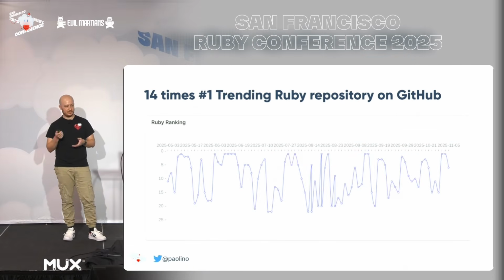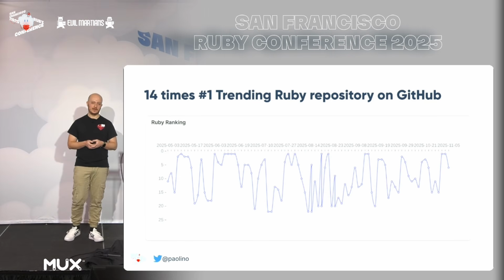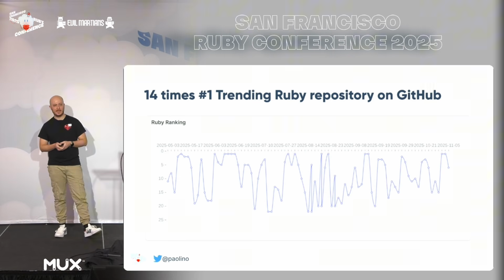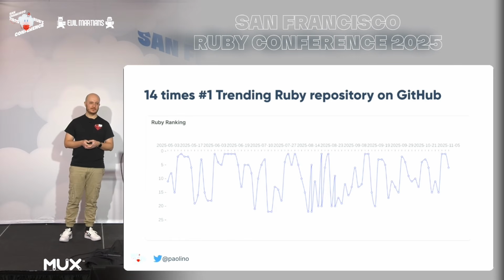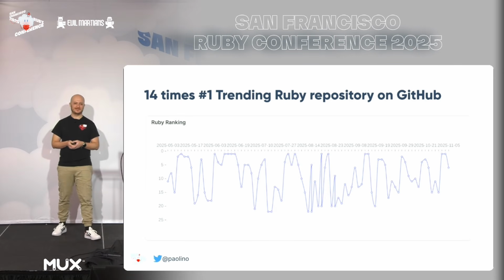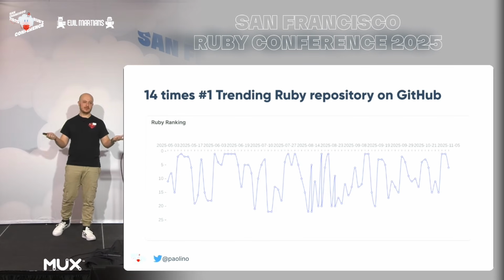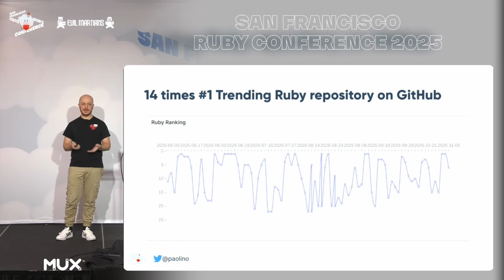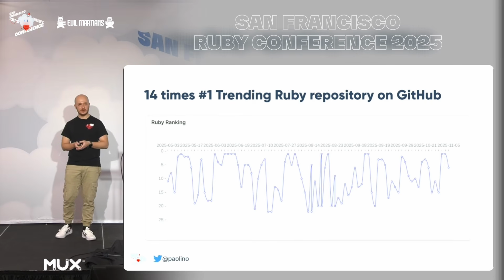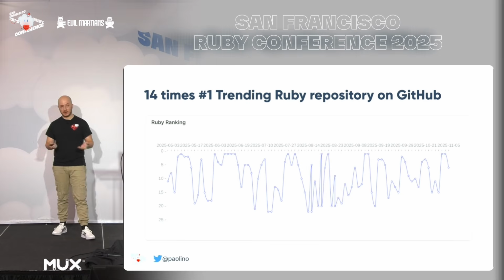And it has been 14 times the number one trending Ruby repository on GitHub. It's also thanks to the community, and thanks to all the contributors. We have more than 50 or 60 contributors in the repo, and more coming.